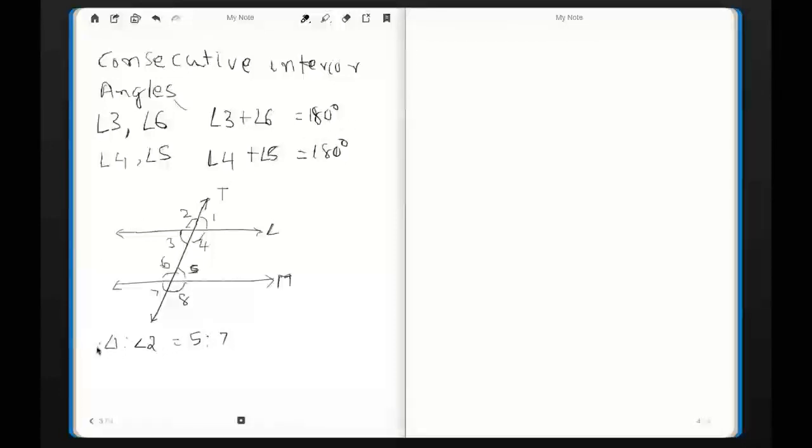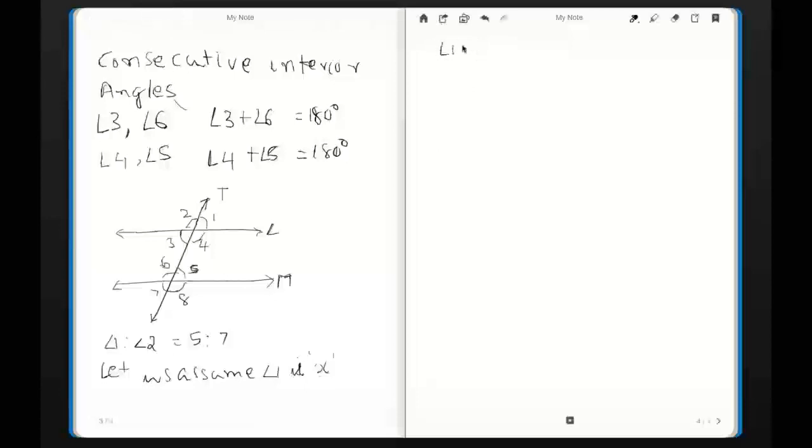Now let us assume angle 1 is x. So angle 1 equals x, which also means angle 2 is equal to 180 minus x, because they are supplementary angles.